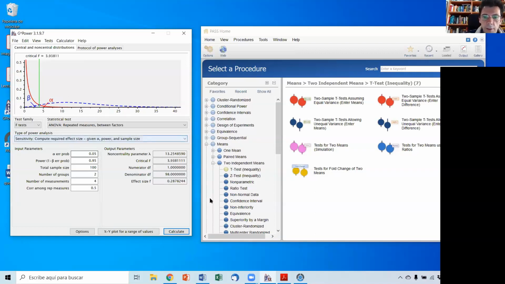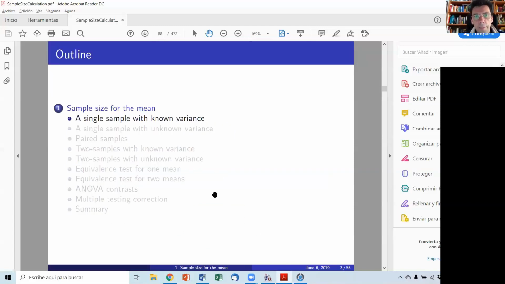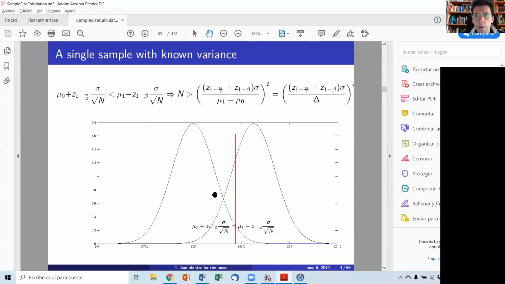So the main work that you have to do when you calculate the sample size is mapping your problem into one of these known situations. For instance, this situation with Gaussians was the one that we had when you know the mean and the standard deviation of the observations.